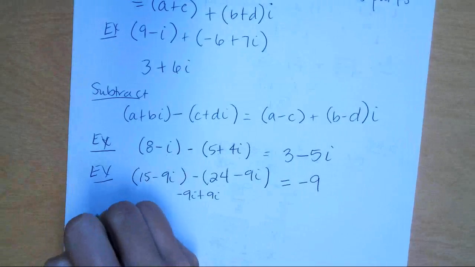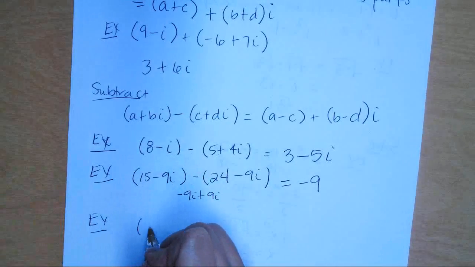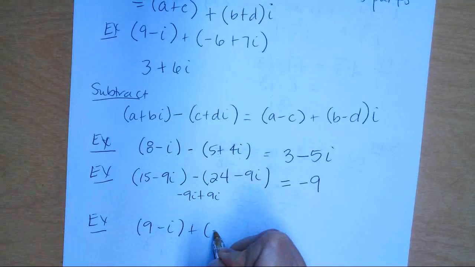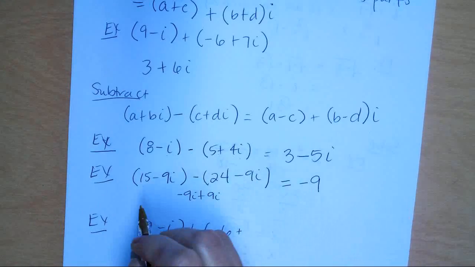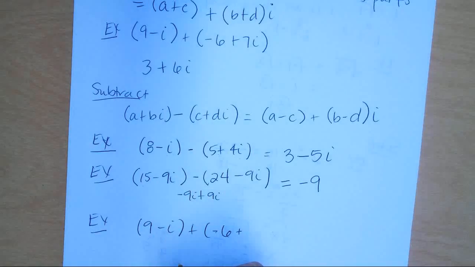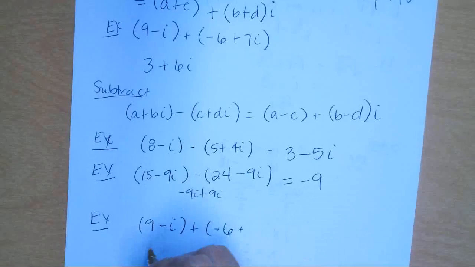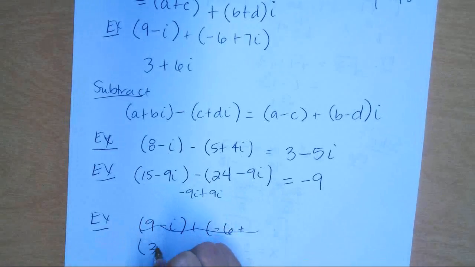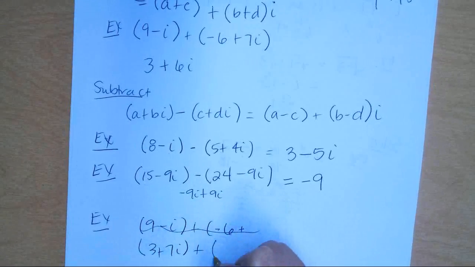Okay, let's try another one. Let's do 9 minus i plus negative 6. Oh, wait, just do that one. Just kidding. Let's do 3 plus 7i plus 8 minus 2i.